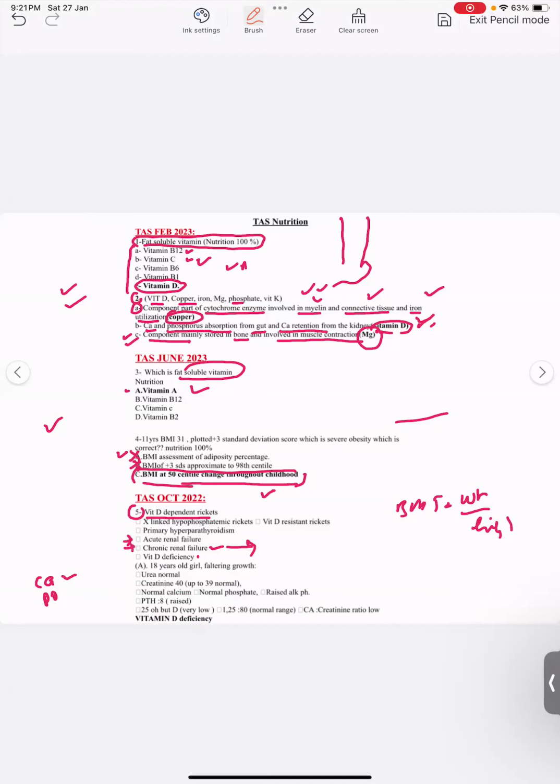Definitely not. Urea and creatinine are normal, and acute renal failure is not going to do anything with calcium, phosphorus and all these other things. Okay, is this a case of primary hyperparathyroidism?